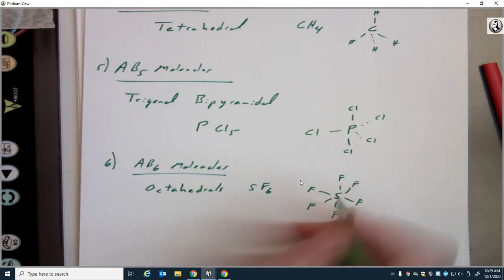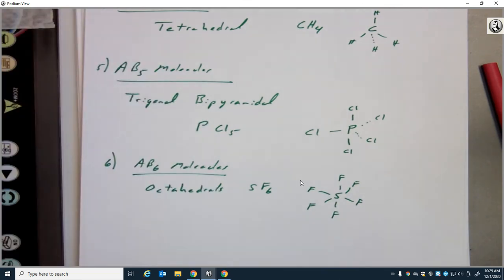We have the fluorines in a plane around it. Okay, so let me see if I can, sorry, let me make it for you. So this would be our octahedral.